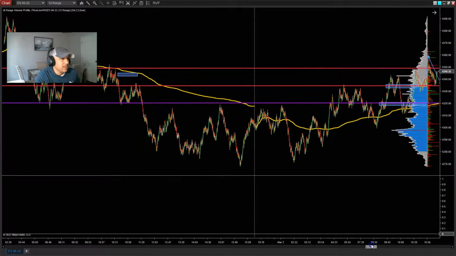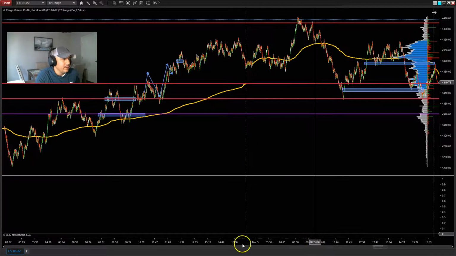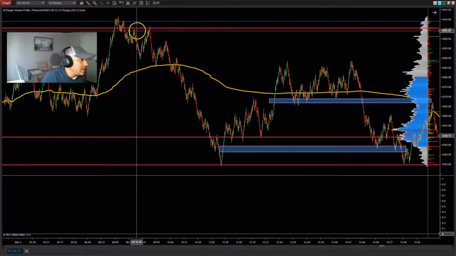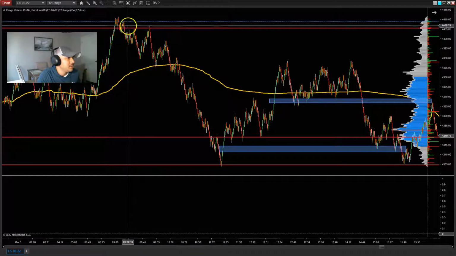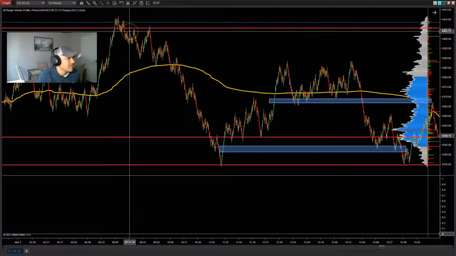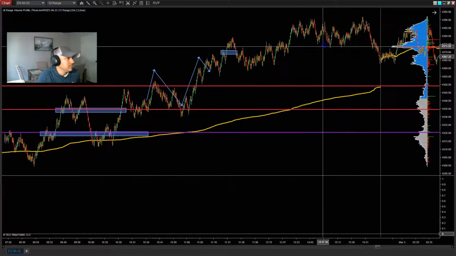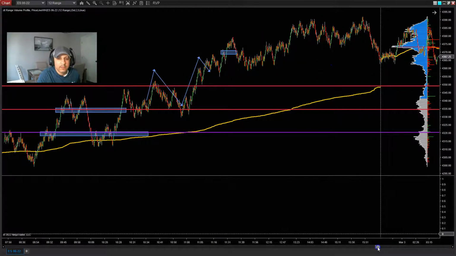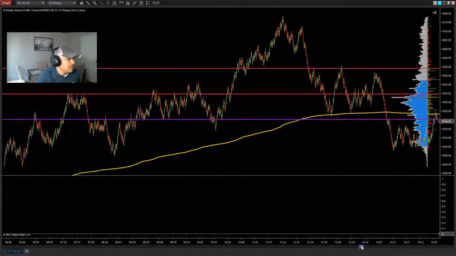So, yeah, bouncing off this area right here. Okay. Which is resistance. Not sure. It might be one of those days where we just kind of hold off.